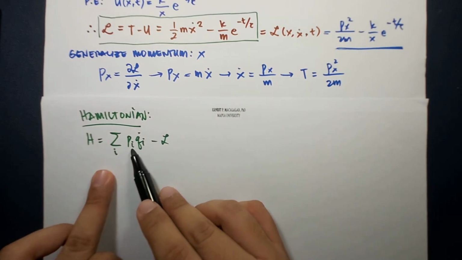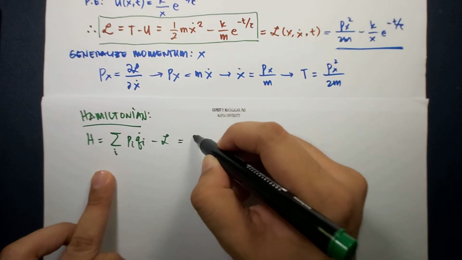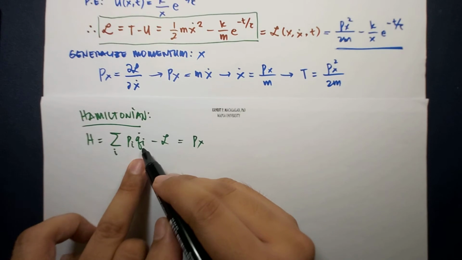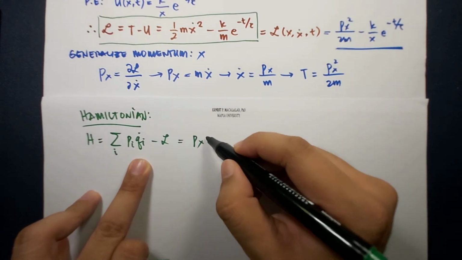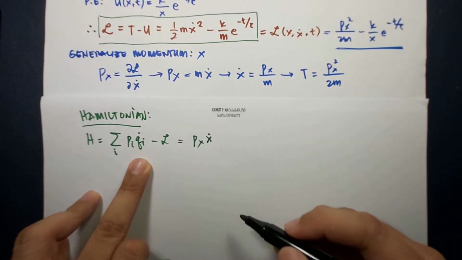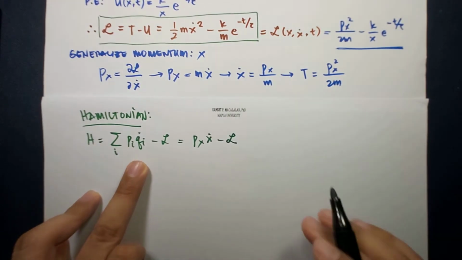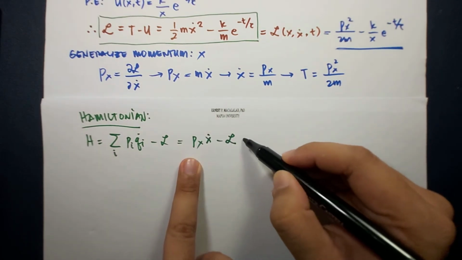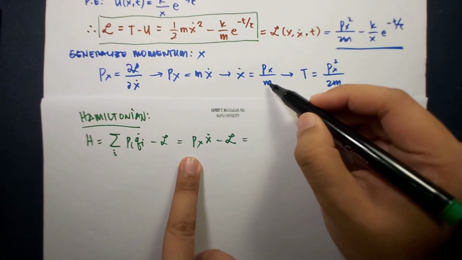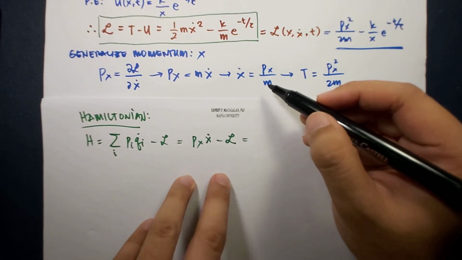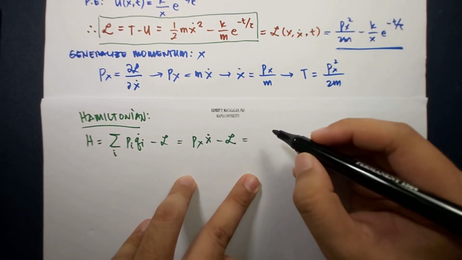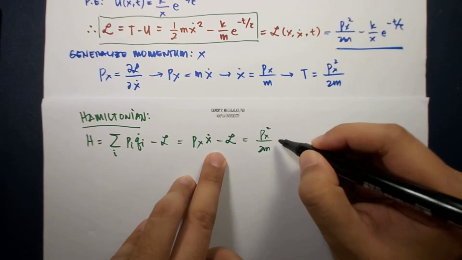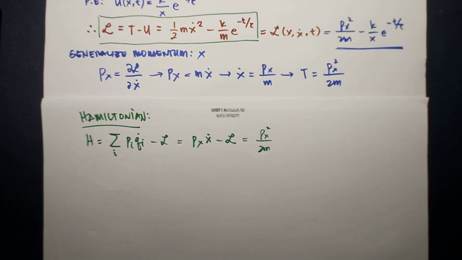So that's p1, which is our px, and q1 is your coordinate x, and then you dot it, then minus L. So this term will be equal to px times px over m, so that's px squared over m, sorry about that.